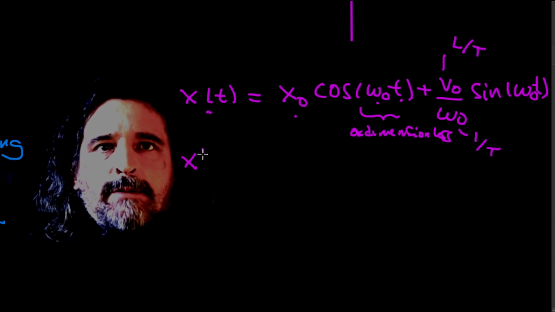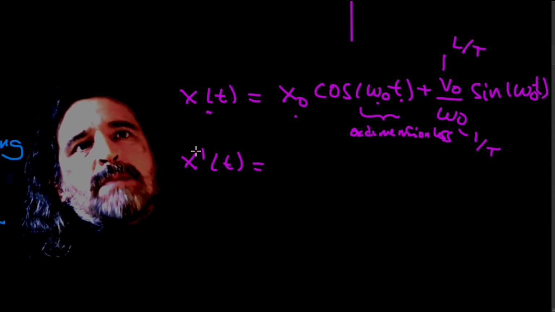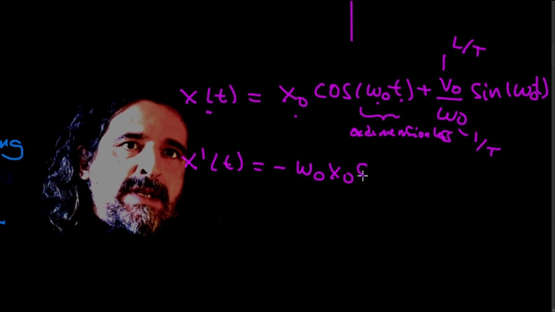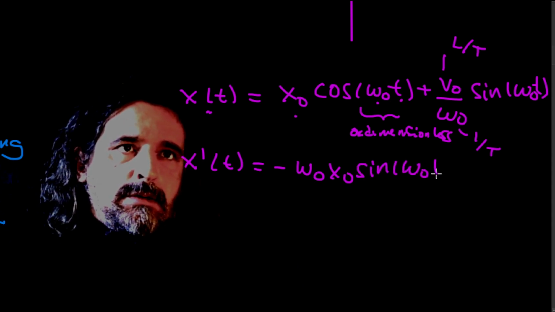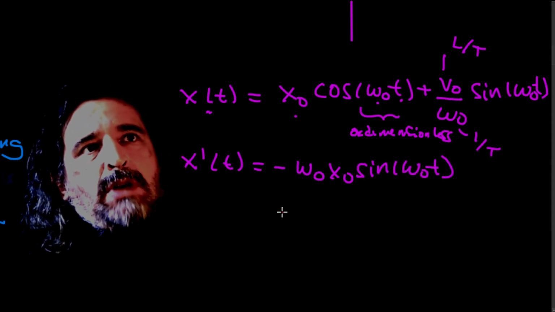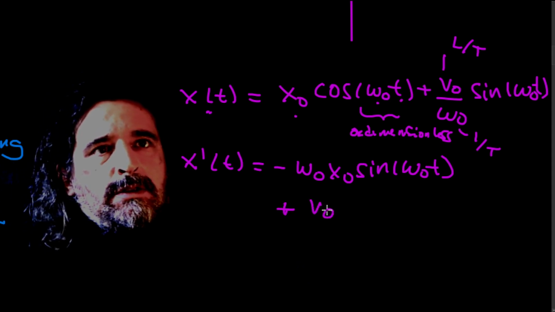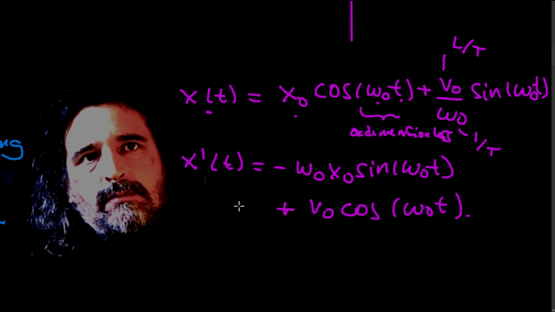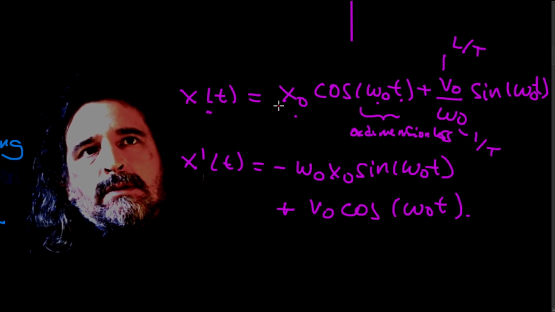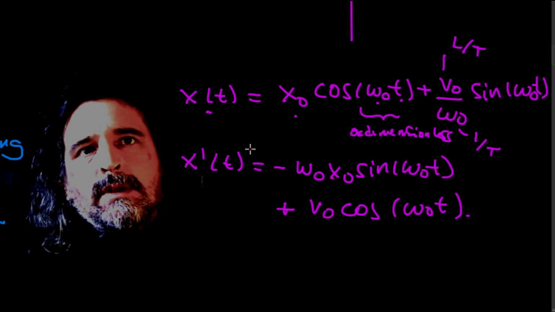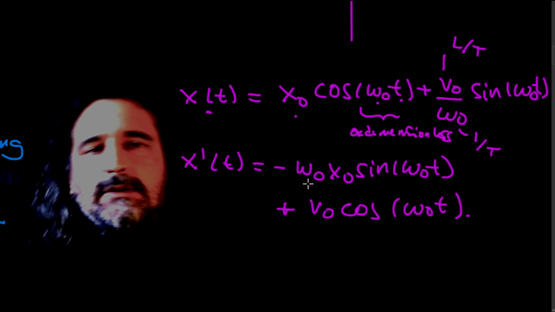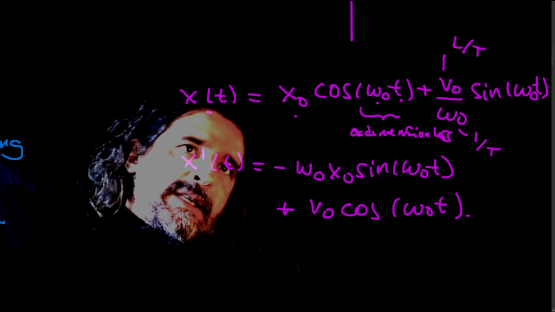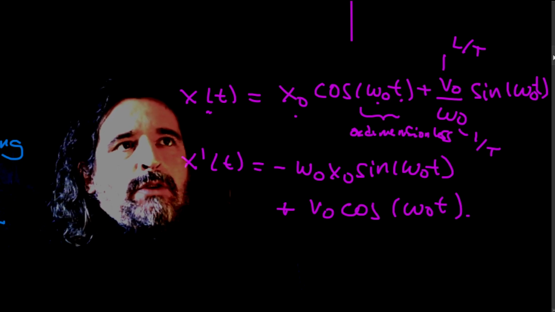What is x prime of t? X prime of t is minus omega naught x naught sine omega naught t plus v naught cosine omega naught t. Which is great because at t equals 0, that is x naught because this is 0. And at t equals 0, this is v naught. So that is good. Let me square x of t.